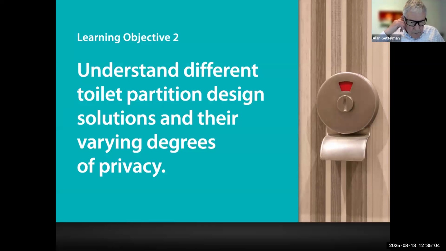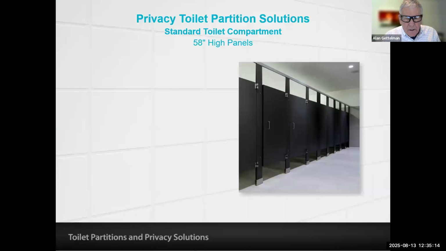Learning objective 2: we're going to go through the different toilet partition design solutions, and we'll talk about the varying degrees of privacy. We start with the standard toilet compartments, 58-inch high panels and doors, 12 inches at the floor.